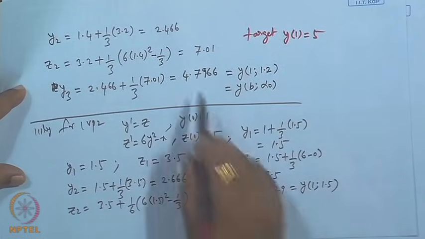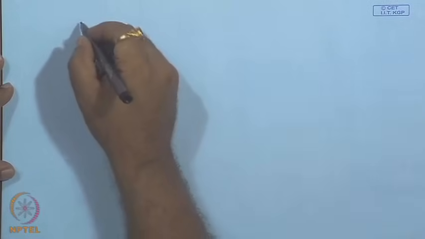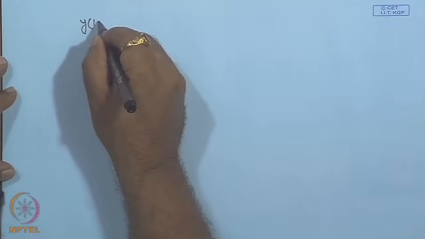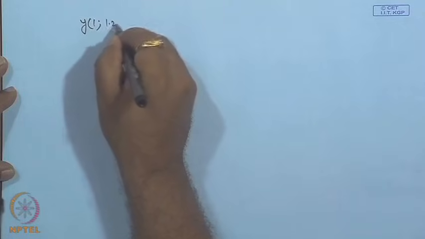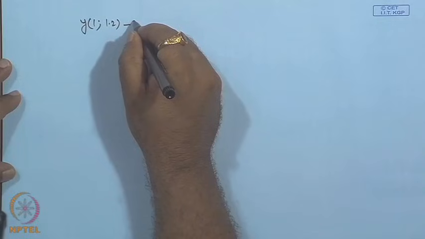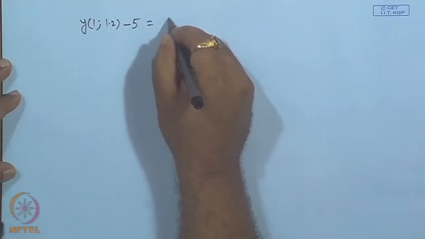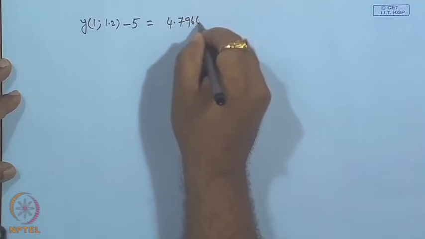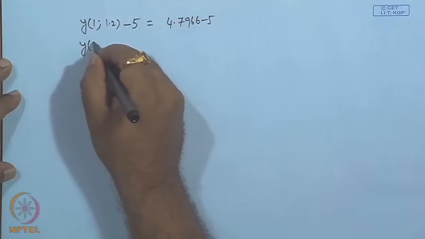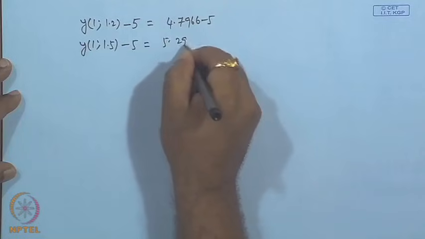So, assuming either of them is not close enough, then we have to go for the secant method. So, y of 1 using 1.2 minus 5, that is 4.7966 minus 5, and y of 1 using 1.5 minus 5, this was 5.29 minus 5.